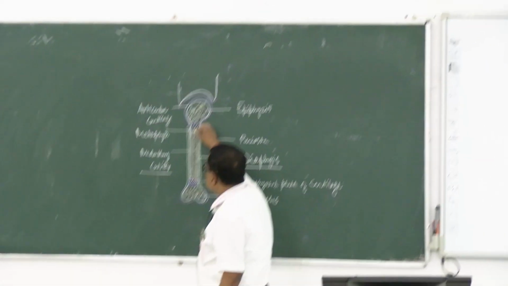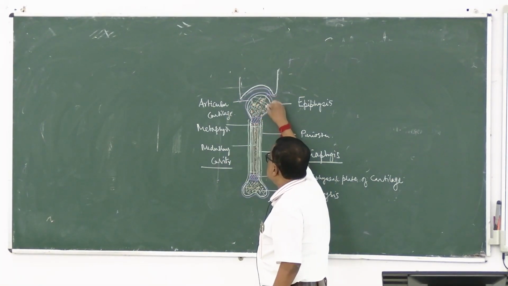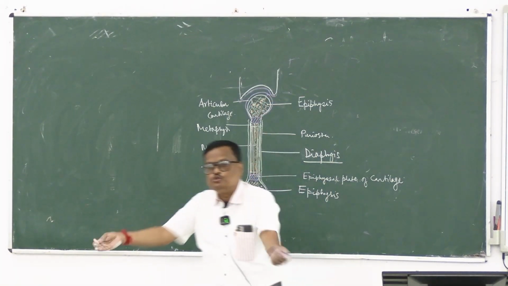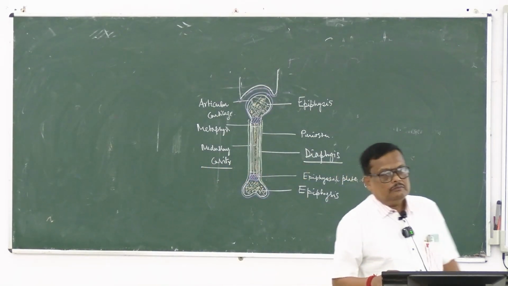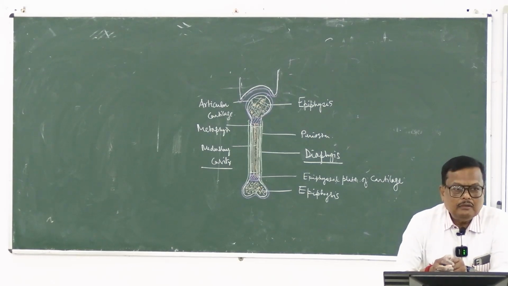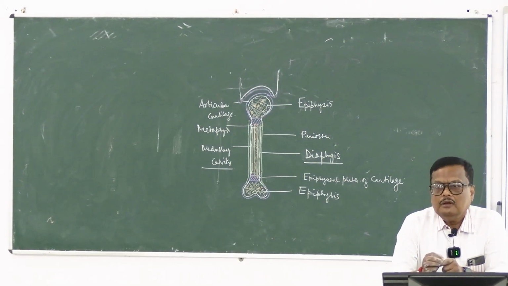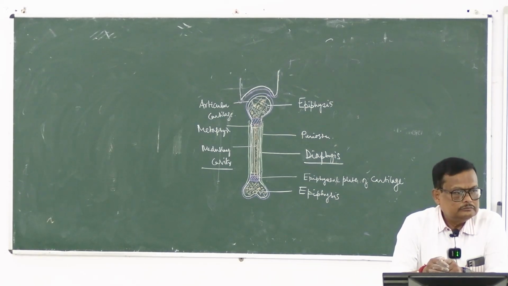All these areas, the medullary cavity and these, can produce blood cells, RBC, WBC, etc. And as RBC is there, they look red. We call it red bone marrow.